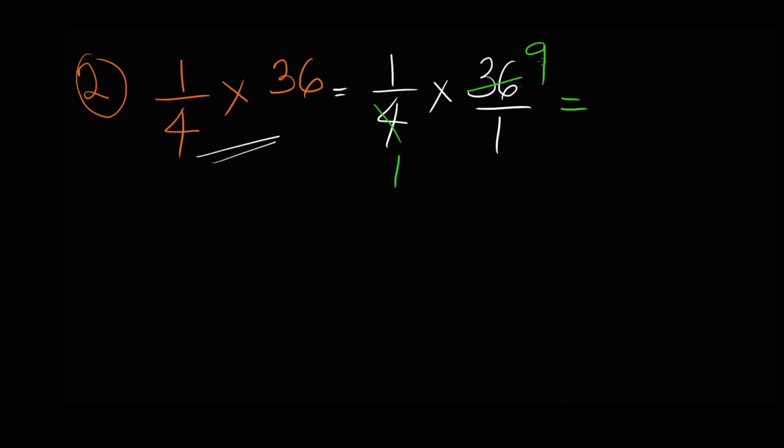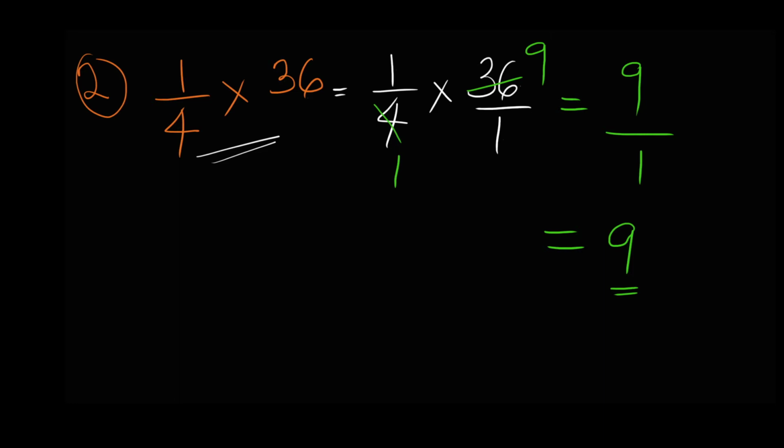So 1 times 9 is 9 over 1 times 1 is 1. 9 over 1 is the same thing as 9. So my final answer is 9.